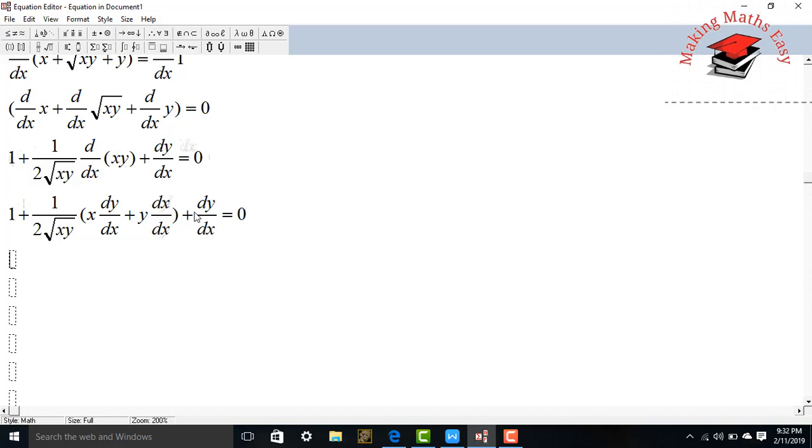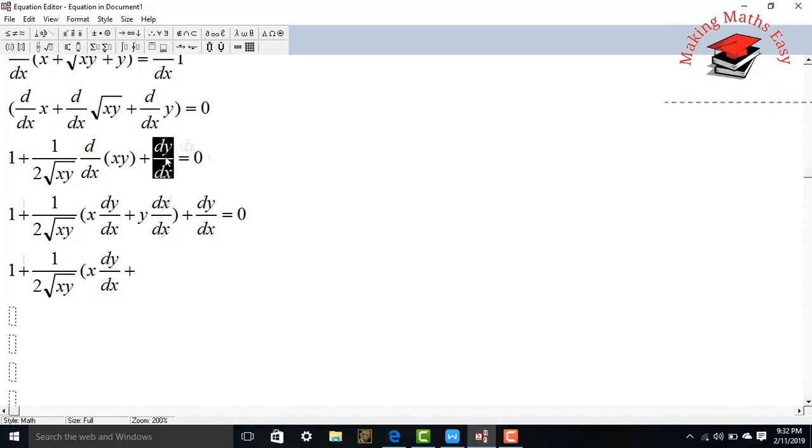Now we have to express it in terms of dy by dx. For expressing it in terms of dy by dx, or the differential equation, first we have to write all this and open the bracket, and then simplify it. So first will be x into the derivative of y, that is dy by dx, as we are differentiating with respect to y, so there is no change, as I did over here.